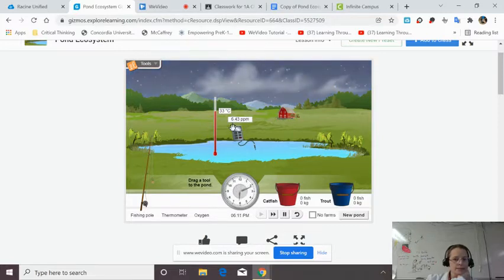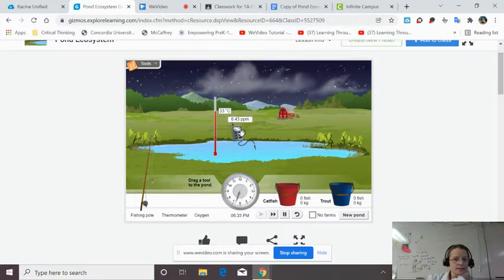See, now it's sort of holding steady. And now it's going down. We're watching it for an entire 24-hour period to see the trend.